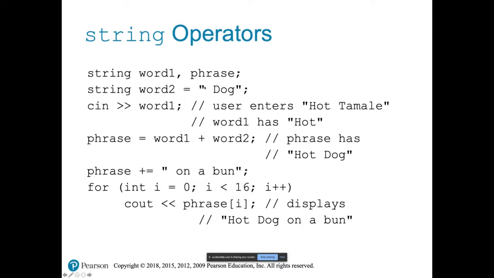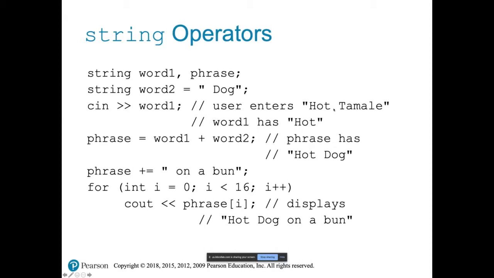Here's a string right here, dog, with a space right here. You read in this word right here, user enters hot tamale. Remember, I said it ignores all white space at the beginning, finds the first non-white space, reads up, but guess what? It doesn't read tamale in this case, it reads up to the first white space.